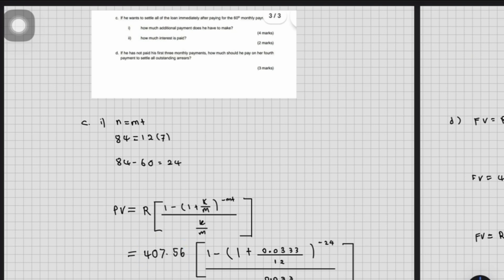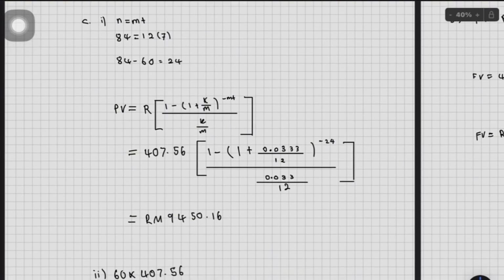The monthly interest rate is 0.0333 per month, and the remaining number of payments is 24 months. After calculating the exponential term and simplifying the expression inside the bracket, the outstanding loan balance is RM 9,418 and 60 cents.